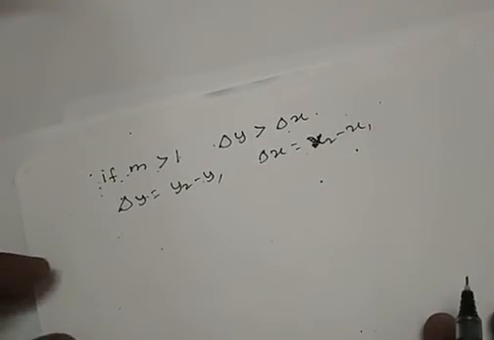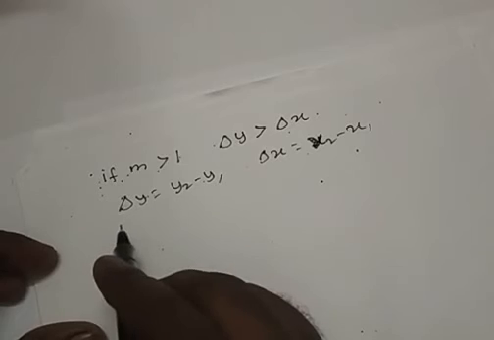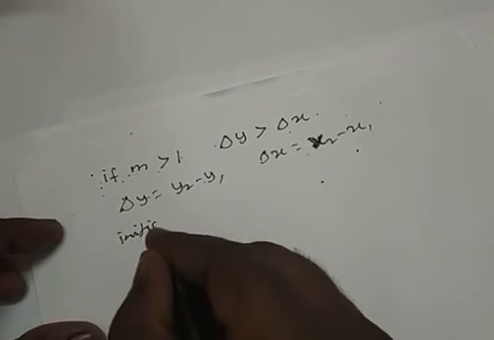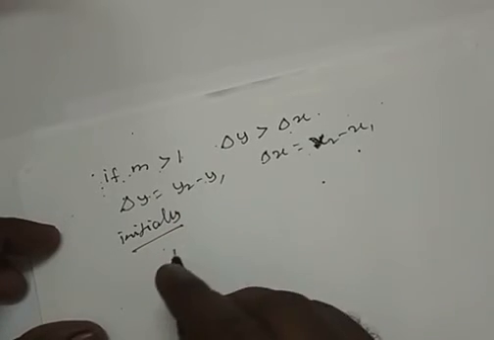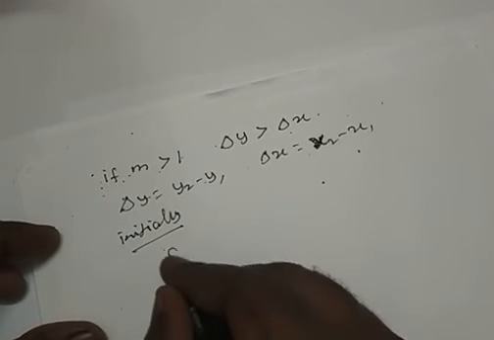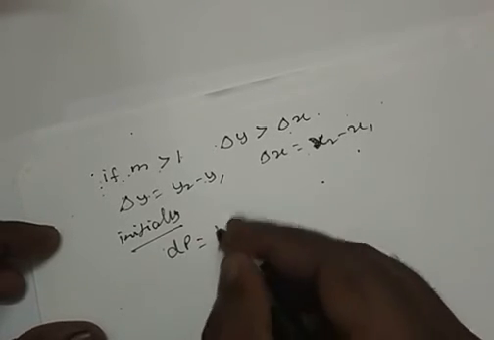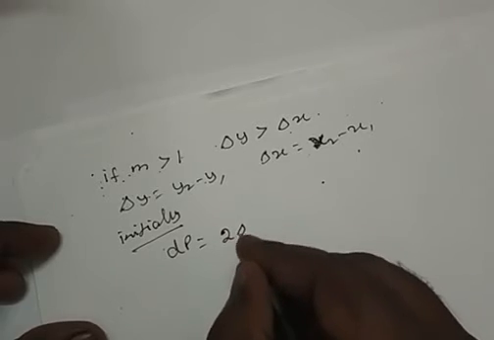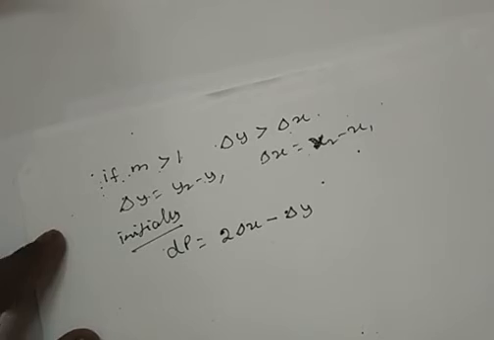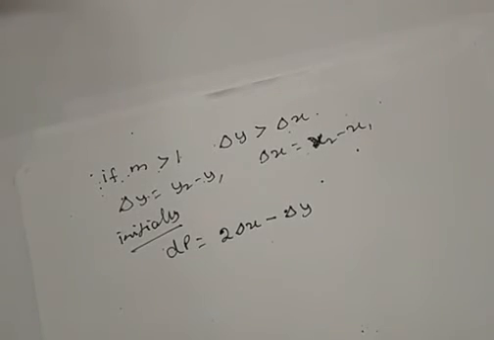Now you have to compute the decision parameter initially, with a slight variation from where m is less than 1. Here m is greater than 1, so the decision parameter dp is equal to 2 delta x minus delta y. This will be done initially.